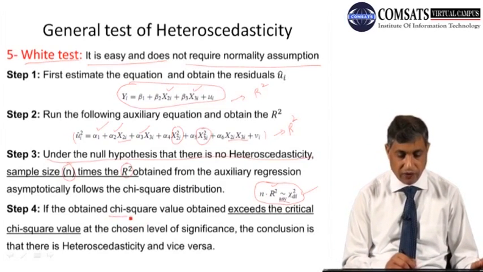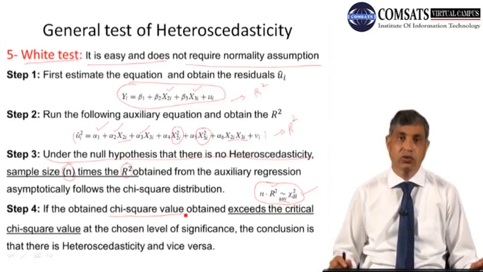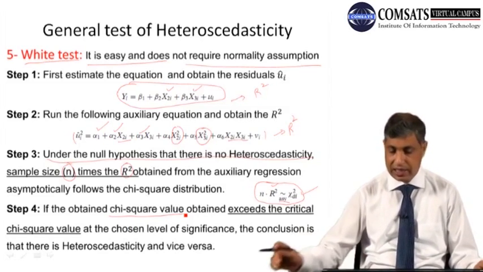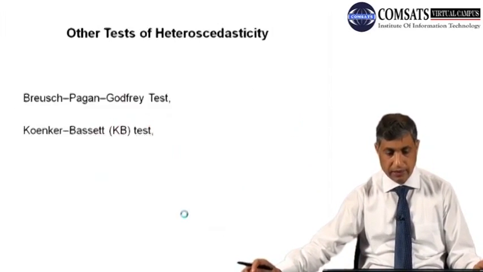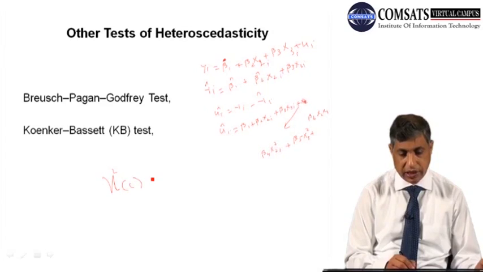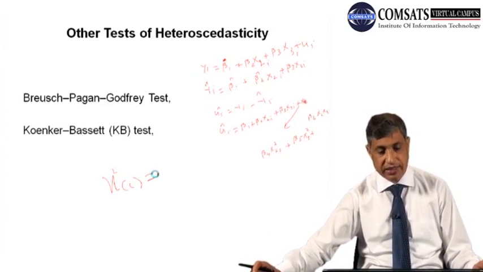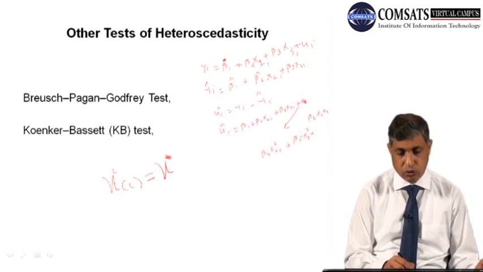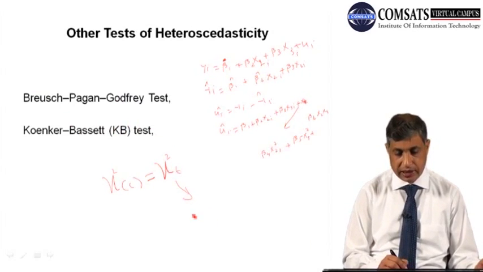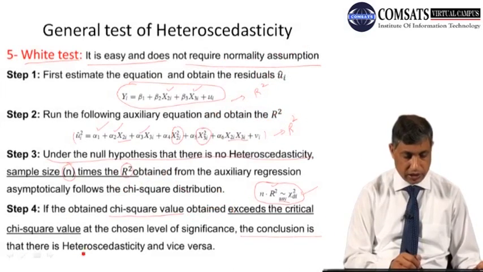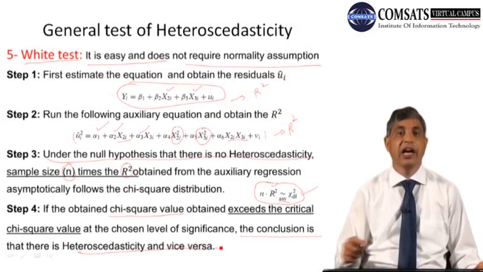If the obtained chi-square value exceeds the critical value, look here: if the calculated chi-square, from the formula we have given previously, is greater than the chi-square critical value, not tabulated, critical, then we can conclude that there is heteroscedasticity, and vice versa.